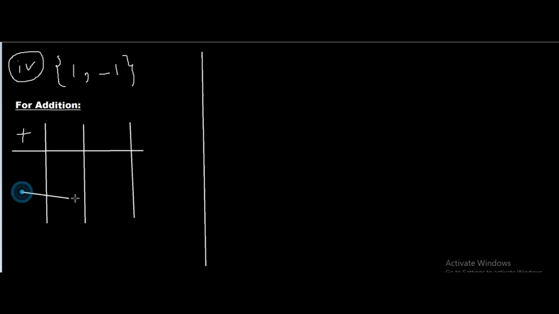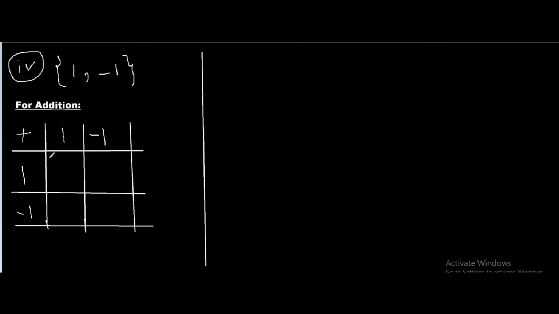So we have to write two entries in the horizontal as well as two entries in the vertical. What are those entries? 1 and -1. So again you have to write 1 and -1. What will be the results?